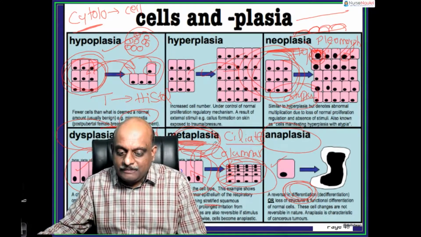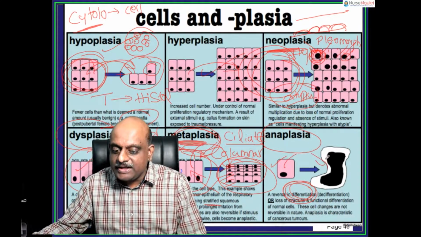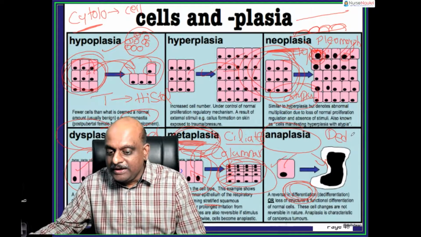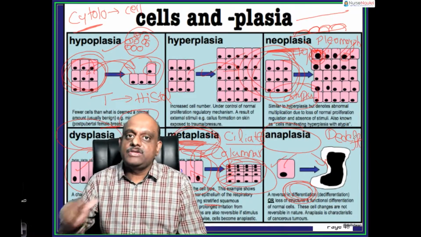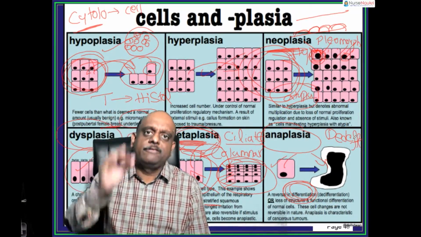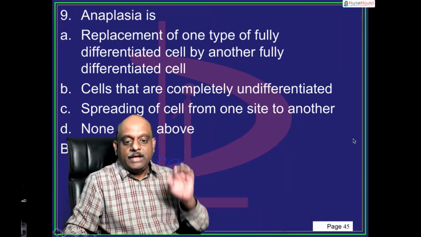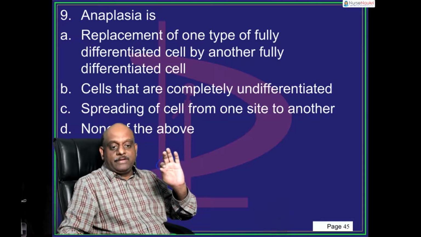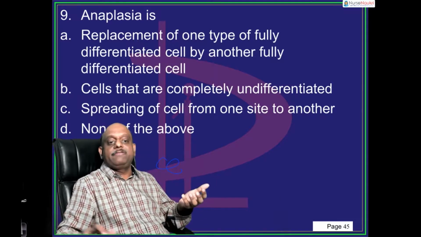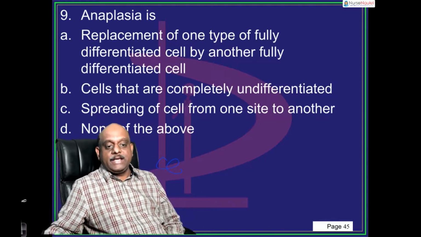So they lose the differentiation. That's called de-differentiation. De-differentiation is the hallmark of anaplasia. That is what an AIIMS examiner asked. Replacement of the cells that are completely undifferentiated is called anaplasia.